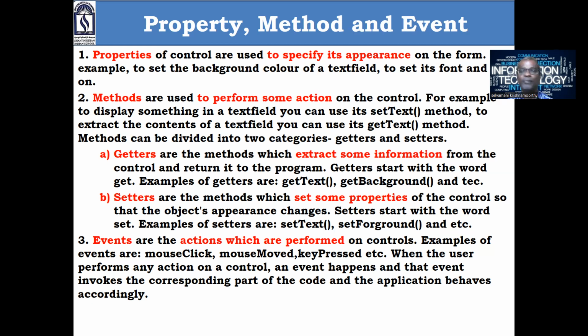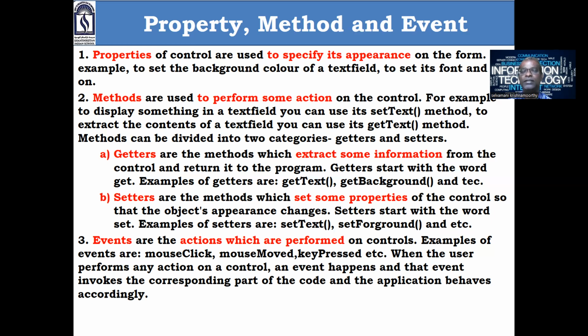Second one is setter. Setter methods are used to set some properties of the control. Property means what? Already we studied: properties are used to specify its appearance on the form. Understand? See it here. Setters are methods which set some properties of the control so that the object or control appearance changes.